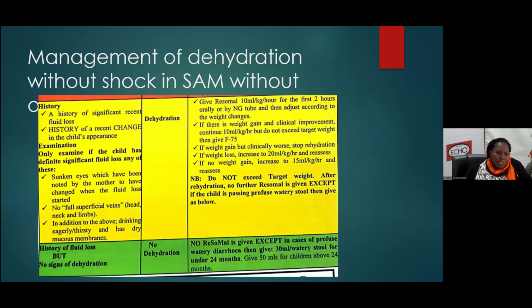So you go ahead and assess the child for symptoms of dehydration. And if you diagnose dehydration, this is a child you're going to give ReSoMal at 10 mils per kg per hour for the first 2 hours. You can do that orally or by NG tube and adjust according to weight.